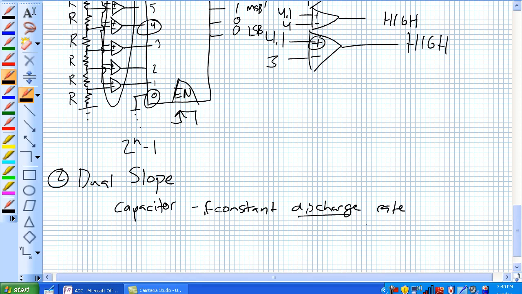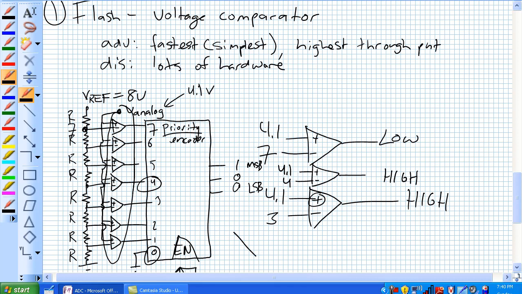So basically what you use is a counter to measure this time interval, okay? The advantage here, less stuff. Because in our flash version, all those voltage comparators are simultaneously looking at our one input value, and a bunch of them are going to say yes, yes, yes, and a bunch are going to say no, no, no, I can't beat it.